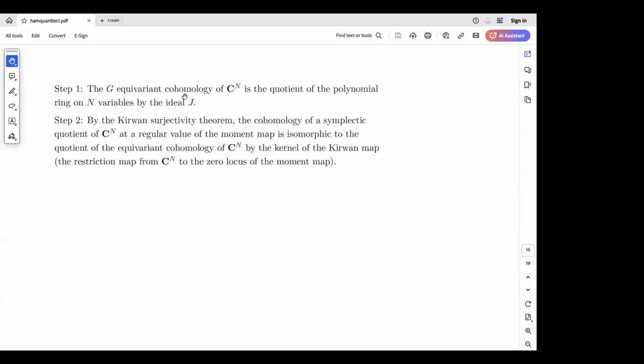So that's elementary. So that shows why we're now going to take the quotient of the G equivariant cohomology of C sub n.